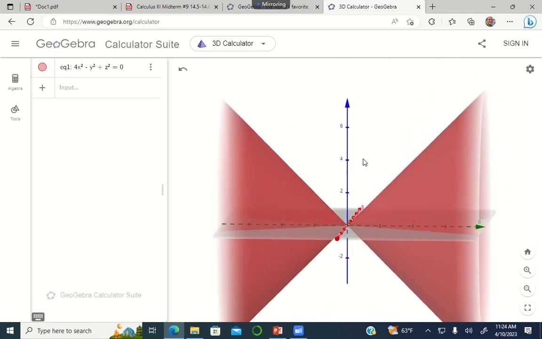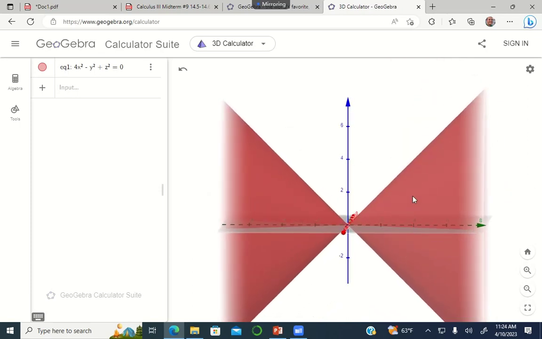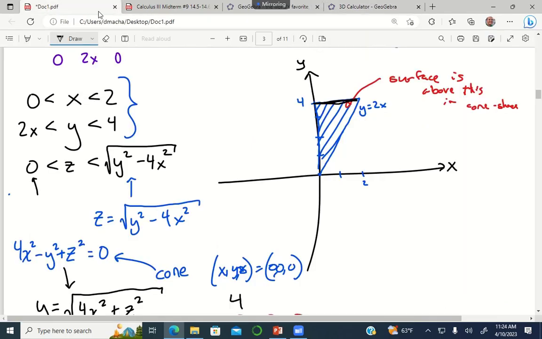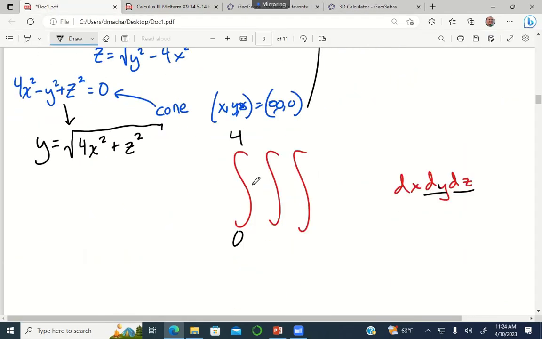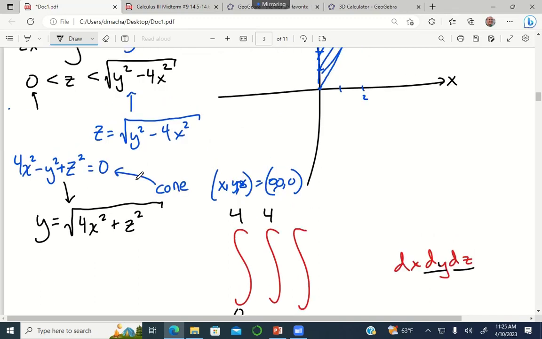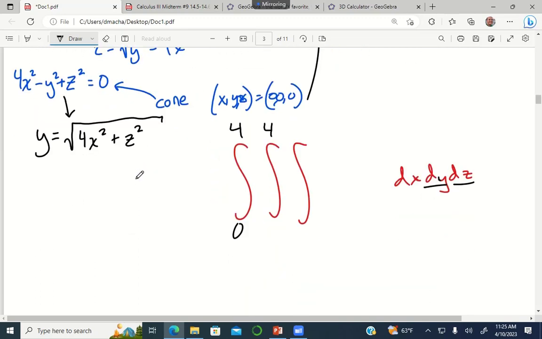But then the lower bound of y is going to be a function of z, because as z increases, the lower bound of my y variable is also going to increase. So the upper bound on y is going to be 4, and the lower bound on y is going to be a function of z.